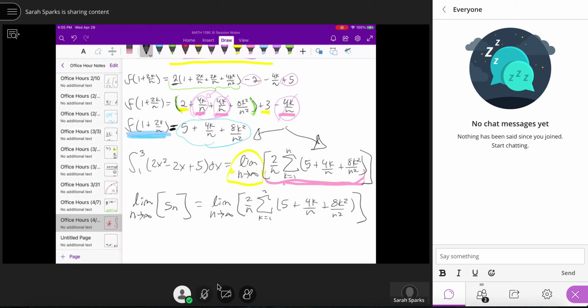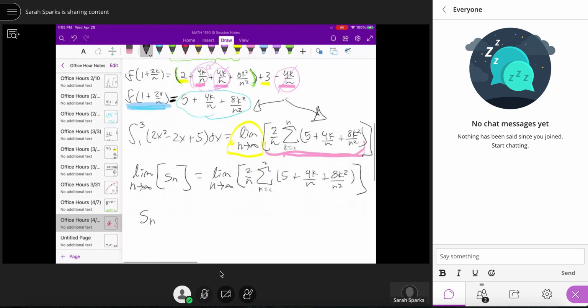And so now we can say that s of n is equal to 2 divided by n times the summation of k equals 1 to n, and then we have 5 plus 4k divided by n plus 8k squared divided by n squared.